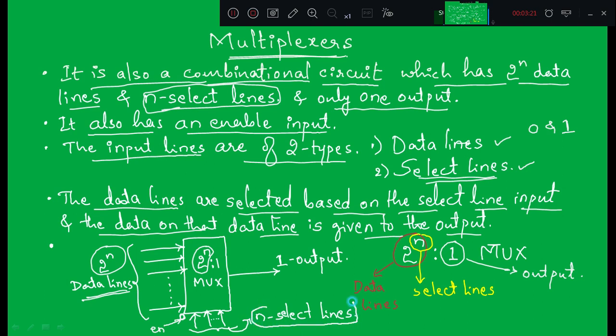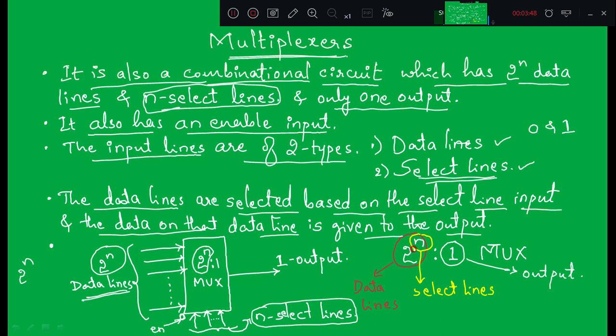The power gives you 2 raised to n. Here I have clearly mentioned 2 raised to n encircled in a brown circle, and the 2 raised to n are the data lines, and the n encircled in a yellow circle is the select line, and 1 is the output. I hope you understand.